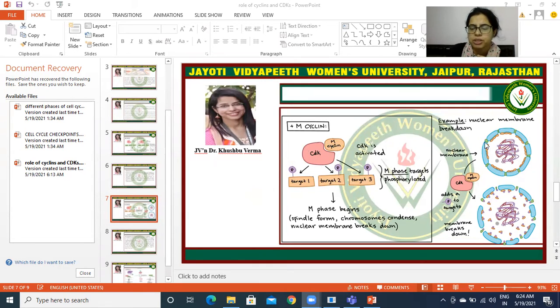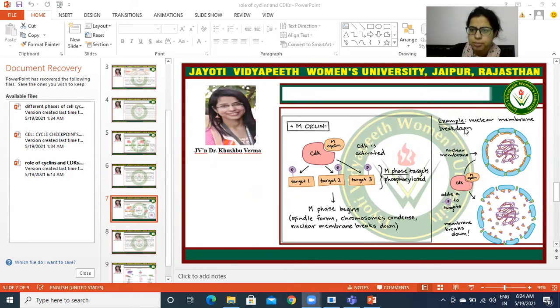When the nuclear membrane starts to disappear and chromosomes start to condense, the cell goes for the mitosis process. Here you can simply see the difference after the activation of M cyclin CDK.